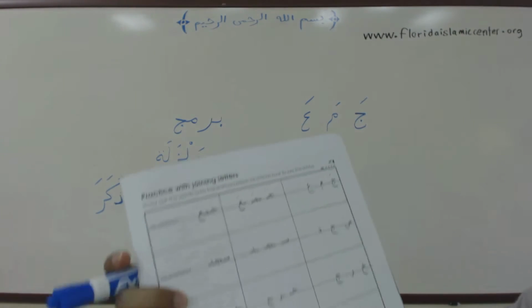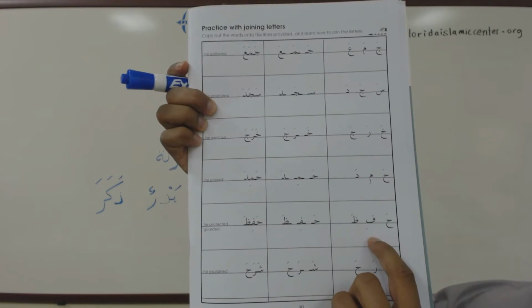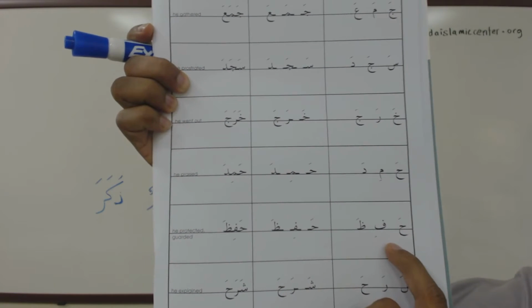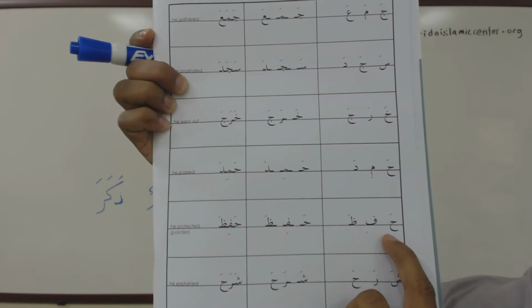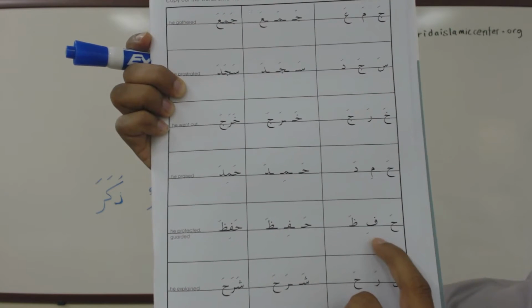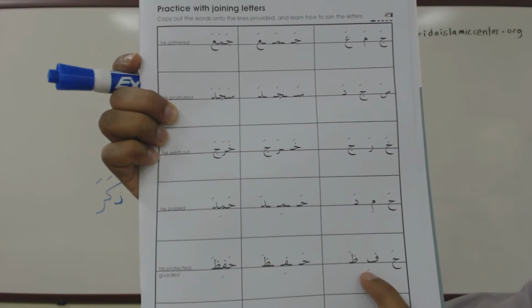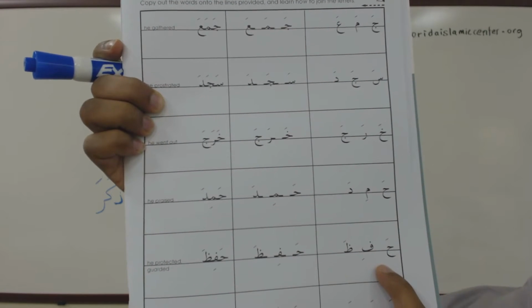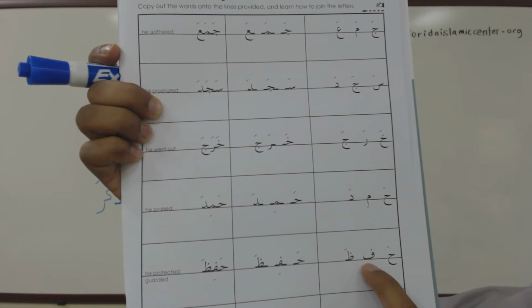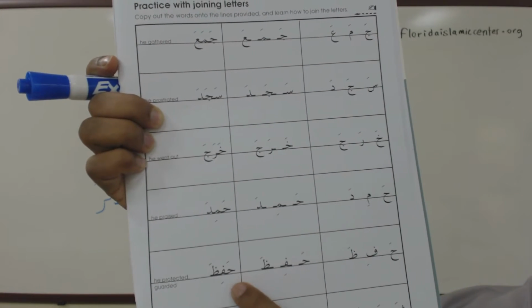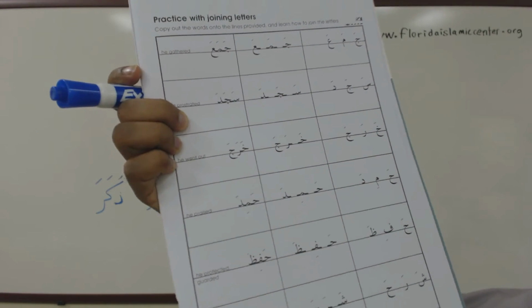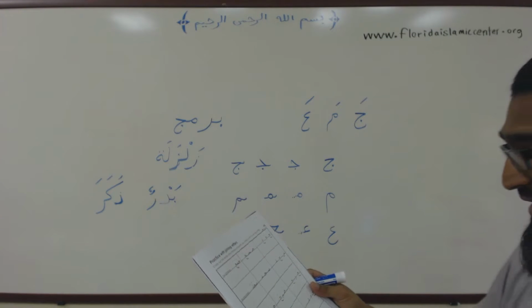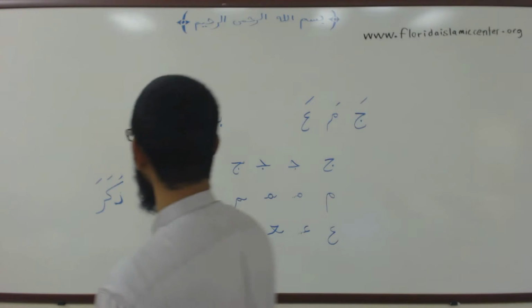Now let's continue. Hafidha. Well, remember, Dha is a round letter, so what's it going to be like? Hafidha. See what happens to the Fa?